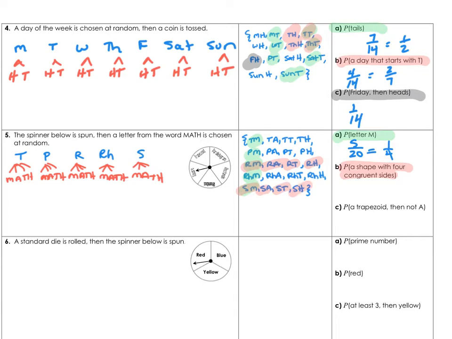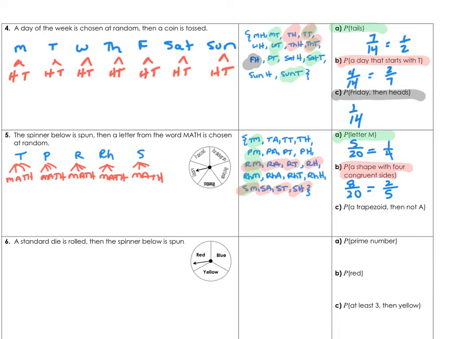So that tells me that there are 8 out of 20. That's the probability, which would be 2/5, right? So there's a 2/5 chance that if you spin the spinner and then choose a letter, it might be a rhombus or a square.